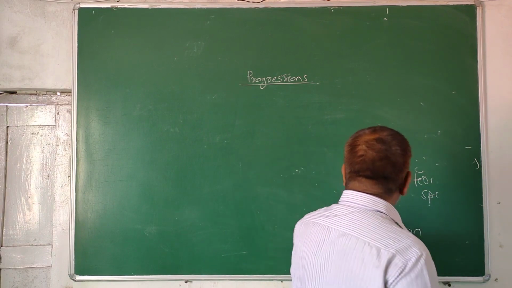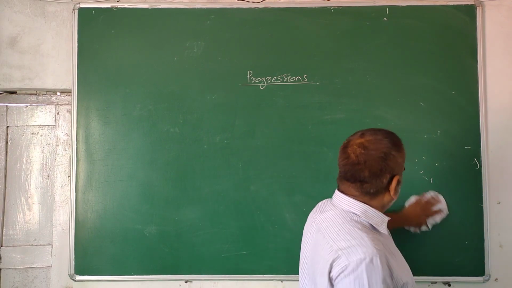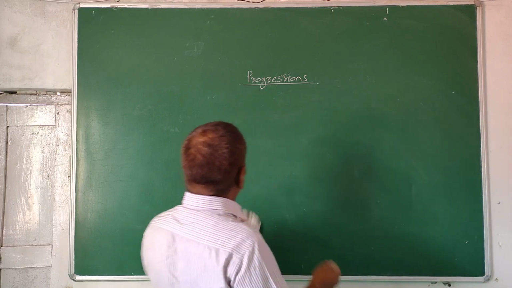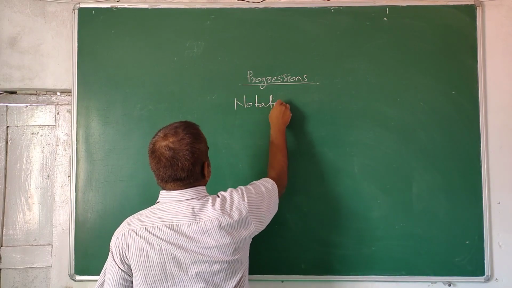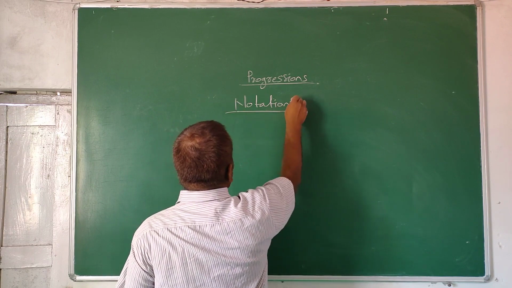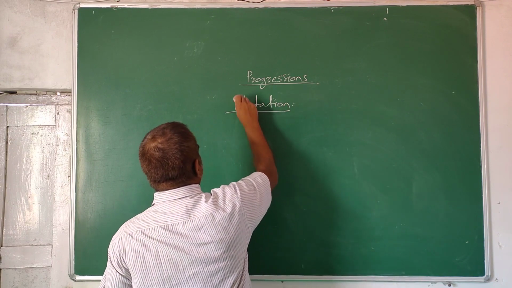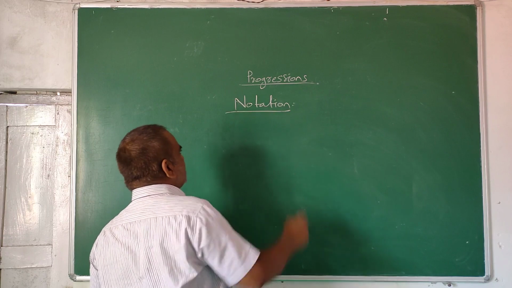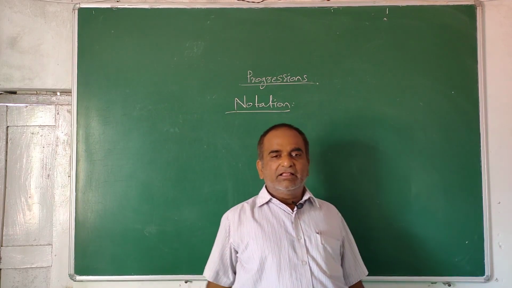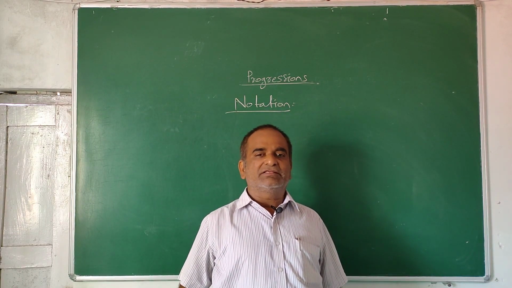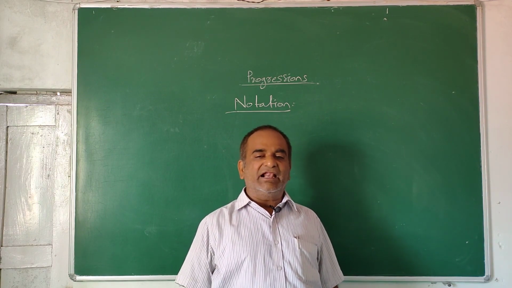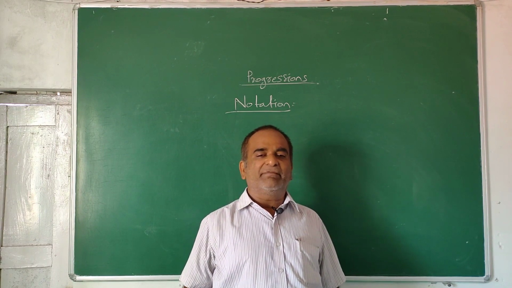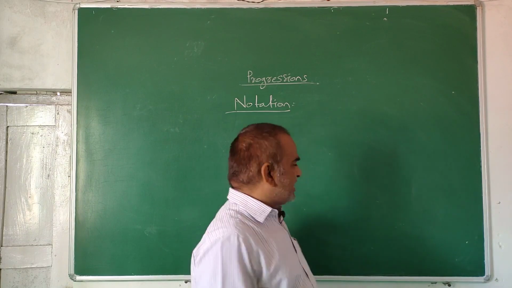Before going to the example, I would like to introduce you a notation. Please take that notation. See, the rule using which you are generating the terms of the progression is known as the general term, and it is denoted by a_n throughout this chapter.